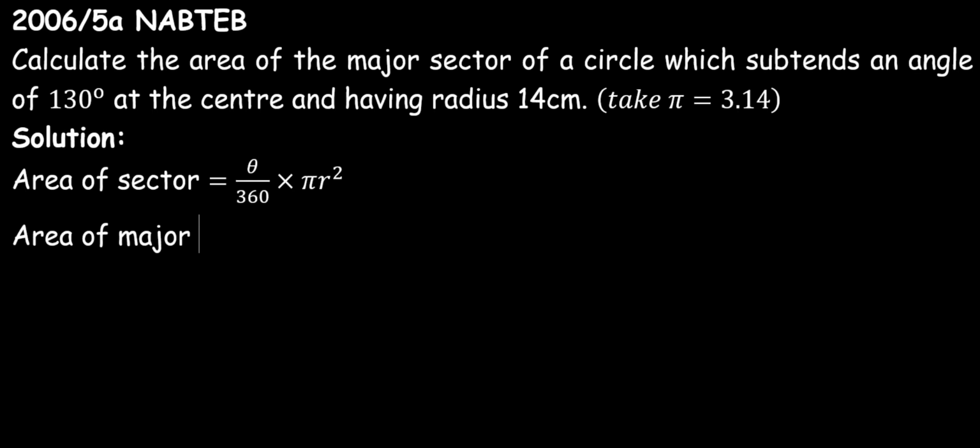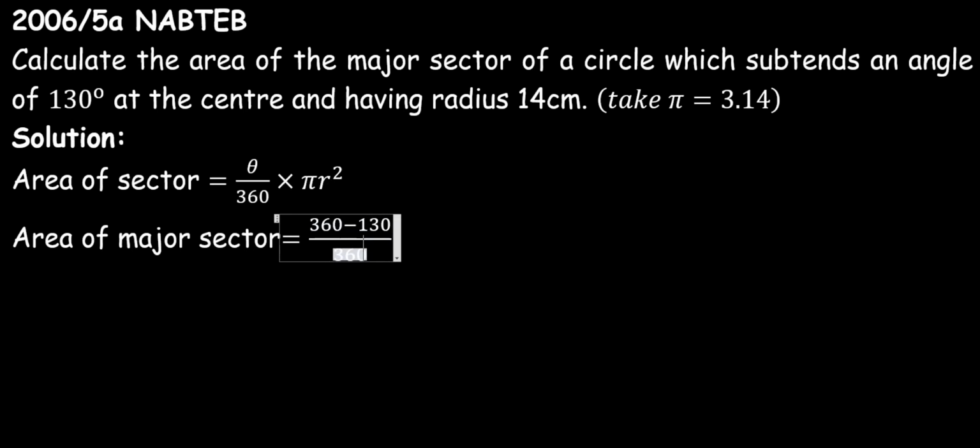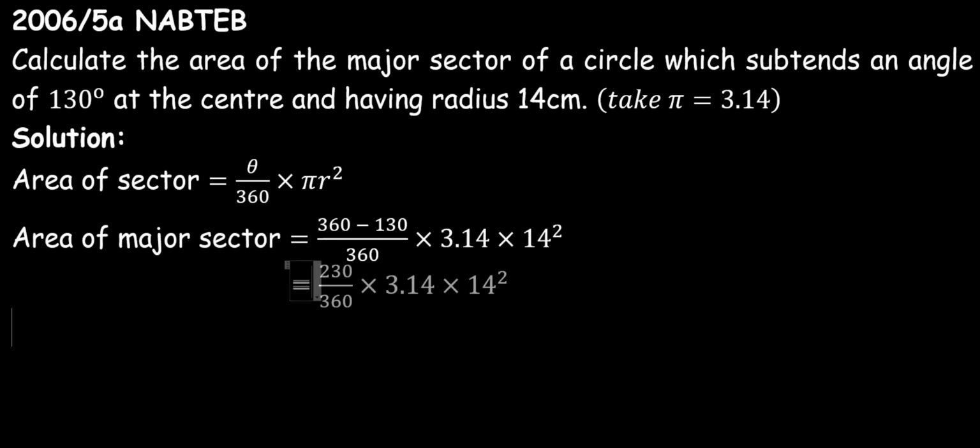Thus, the area of a major sector will be equal to 360 minus 130 divided by 360 times 3.14 times 14 squared. And the result is 230 over 360 times 3.14 times 14 squared. And that will give us 393.20 cm squared.